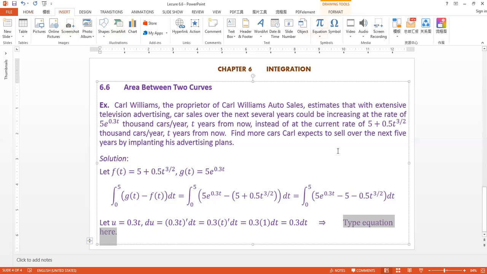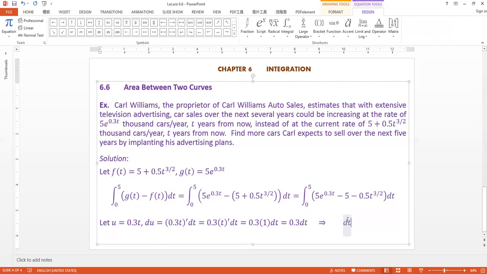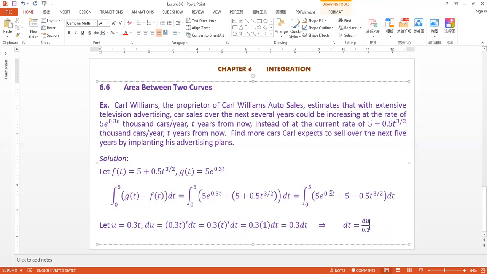Or if you write dt on the left and du over 0.3 on the right, you get this. Just switch the sides of the terms. So that's just the relation between the differentials of u and t.